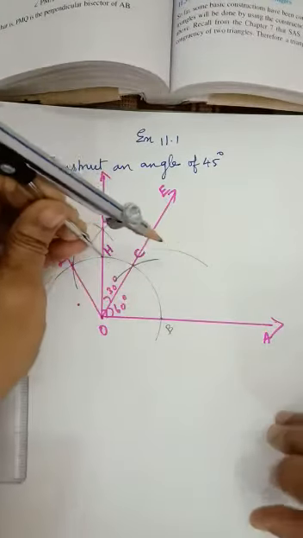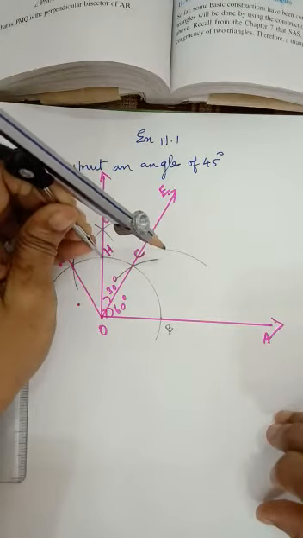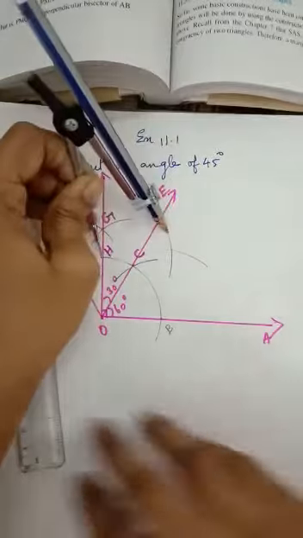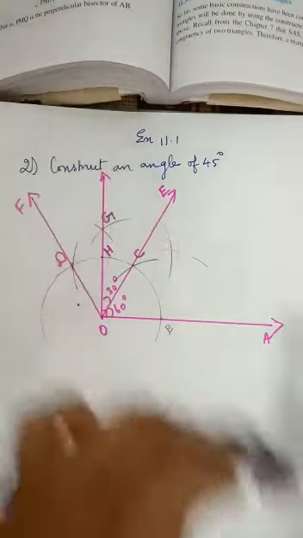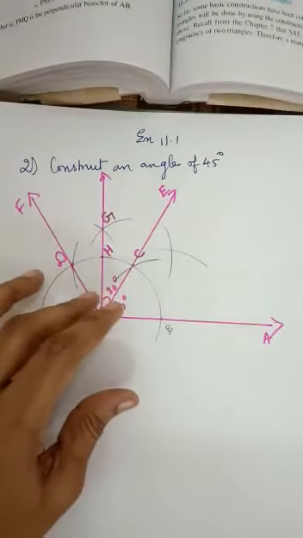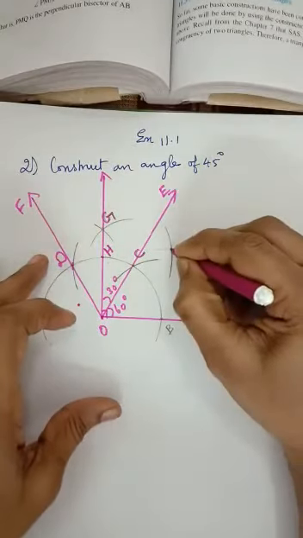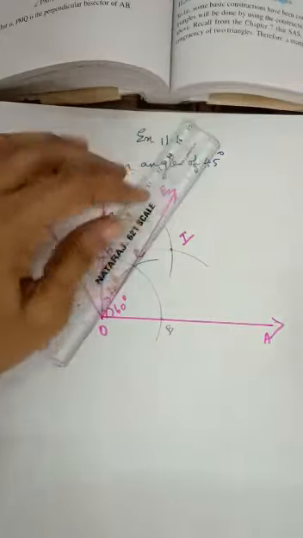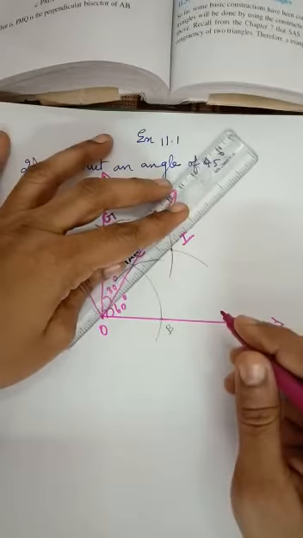Now taking H as center draw an arc which is intersecting the previously drawn arc. So this point is I. Now you should join OI.